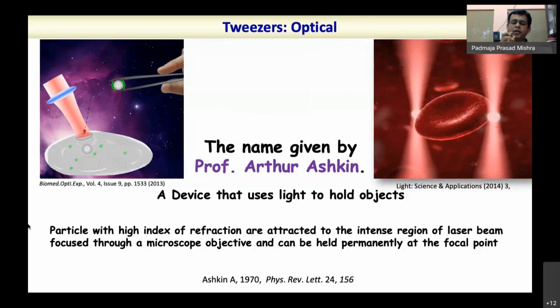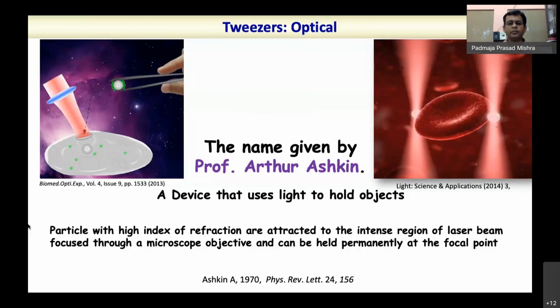The concept came from the very basic knowledge we learned at intermediate or undergraduate level, that light carries momentum, and whenever light interacts with any object, there is a change in this momentum. The rate of change of momentum is force, and that force is capable of holding objects. I'll describe those things in detail with time.